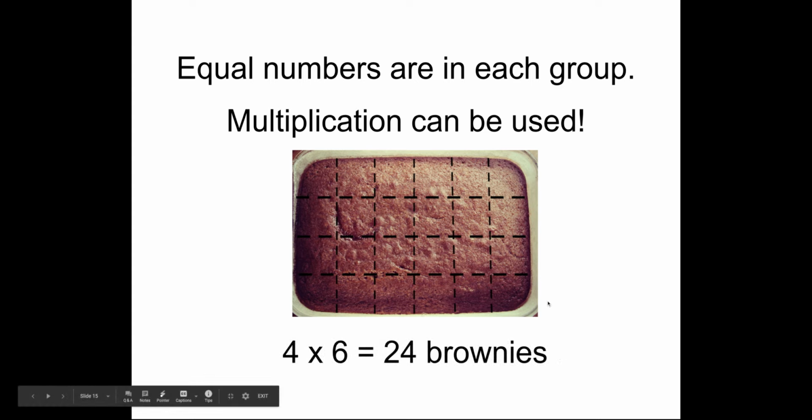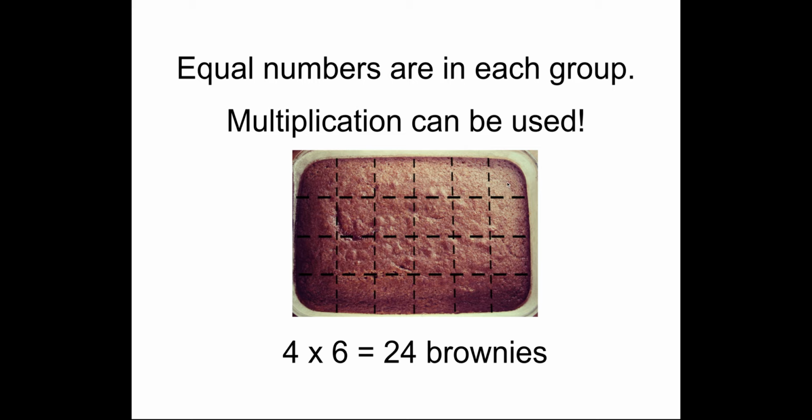And it's okay if you had to use a strategy like repeated addition or counting on. So if I don't know 4 times 6, I can go like this. I have 6 here, and then I can add 6 more. So I can go 6, 7, 8, 9, 10, 11, 12, and I would write 12 right here. 13, 14, 15, 16, 17, 18.